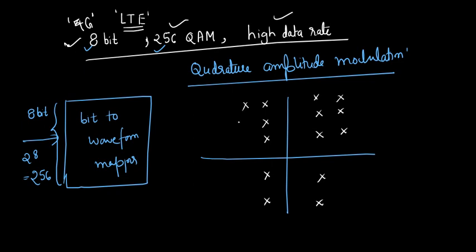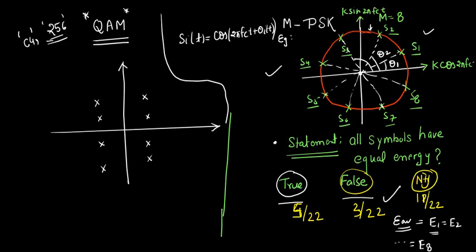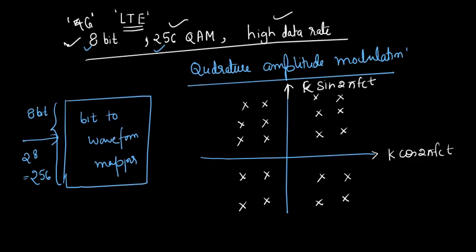Yes, we change phase and amplitude. So here we have seen that the information was embedded only in the phase part, right? Yes or no?